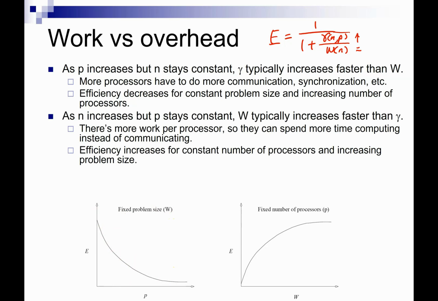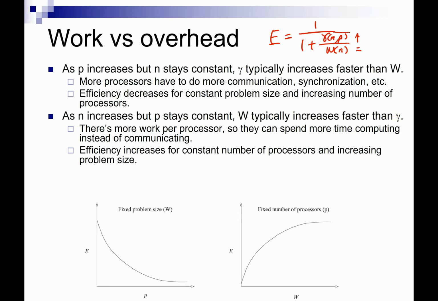Now on the other hand, we can increase the problem size, but keep the same number of processors. In that case, the amount of useful work is going to increase, and the overhead might also increase, but usually W increases faster than gamma.